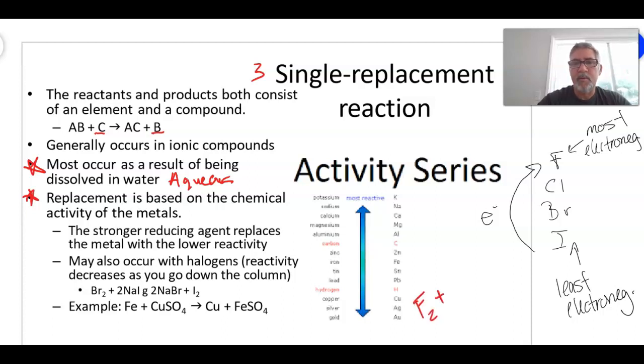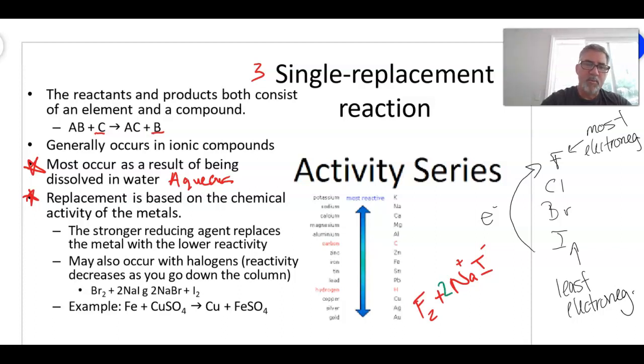So if I took fluorine and sodium iodide, this is an ionic compound. So iodide has an extra electron. I would need 2 of these.